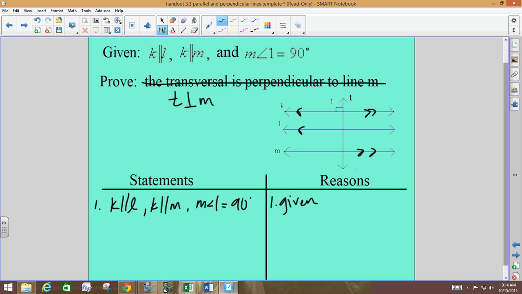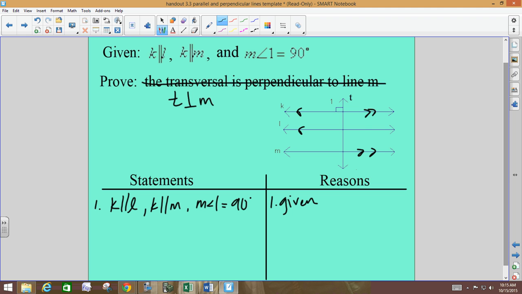You like that one more? Okay. So my transversal is perpendicular to which parallel line? Okay, that's given to me, right? We want to prove that T, the transversal, is perpendicular to which one? M. The theorem says that K and M would have to be parallel in order to use that.